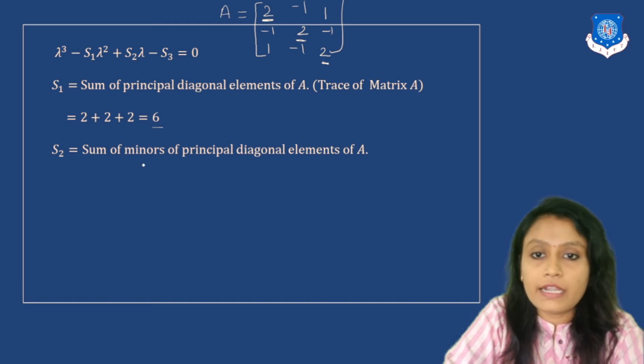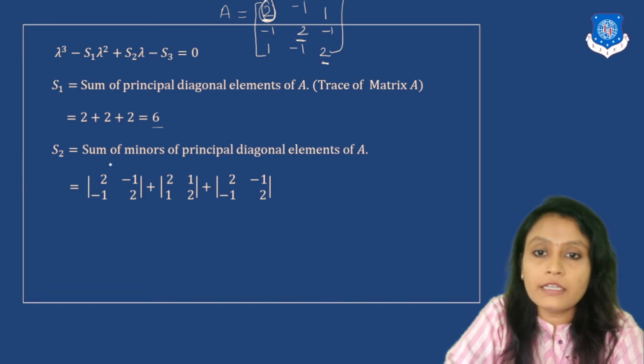Next we will find S2. S2 is the sum of minors of principal diagonal elements. So we have to find the minors of these 2s and add them. Firstly we'll find the minor of this 2. For that you have to hide this row and this column, so you will get 2 minus 1, minus 1 2. Now we will find the minor of this 2, so just hide this row and this column.